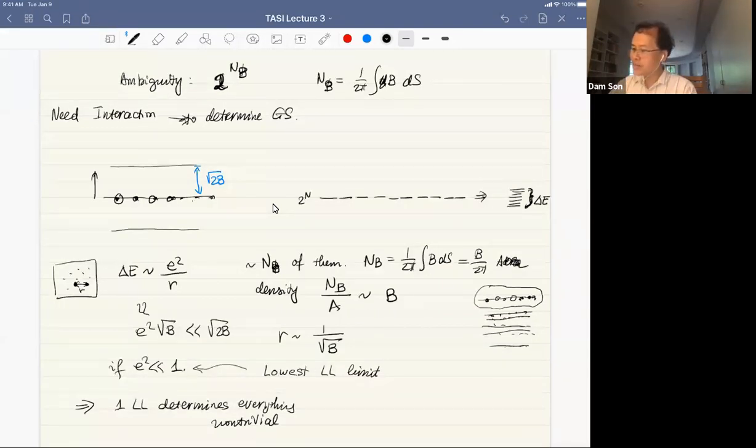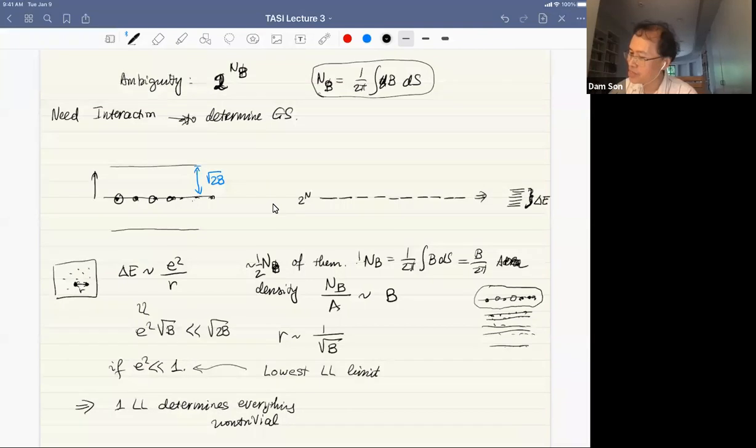Now, how many of these electrons are there? The number of states is NB. It's not the number of electrons, but say half of them are filled with electrons and half are empty, which is the most non-trivial case. So there are 1/2 NB of them.